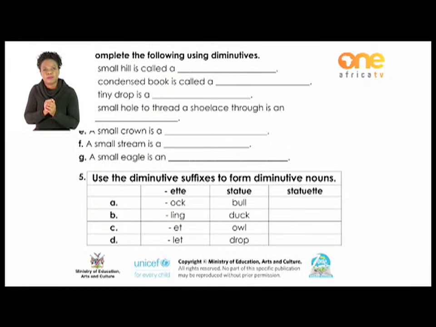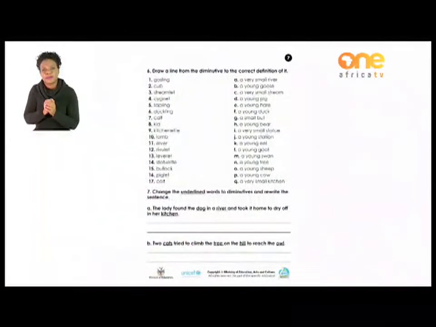Let's quickly turn to page 7, activity 6. Draw a line from the diminutive to the correct definition of it. On your left hand, we have diminutives, and on your right hand, you have the definitions.